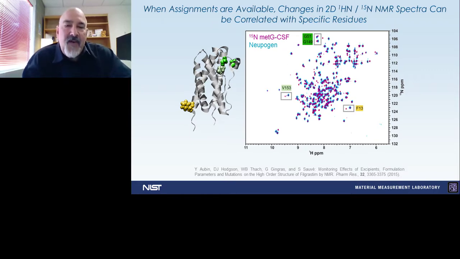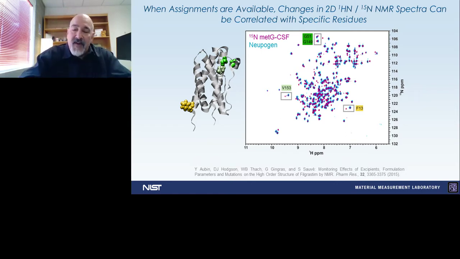And if you have happened to conduct the assignment procedure of mapping out which of these peaks in the spectrum belongs to which amino acid in the protein, you can map changes in these spectra onto the surface of the protein of interest and decide, as in this case, where the spectrum exhibits signs of oxidation of particular methionines, we can see which other parts of the protein get manipulated as well.